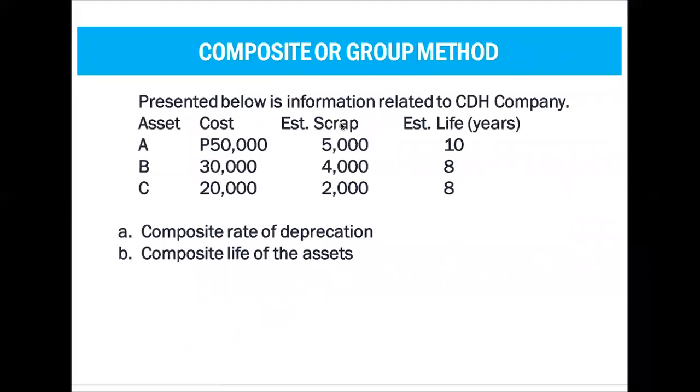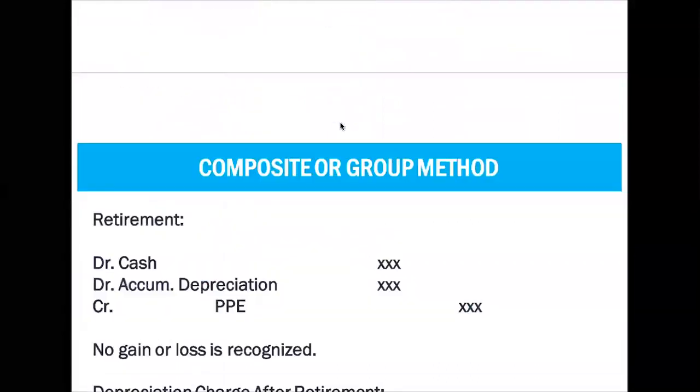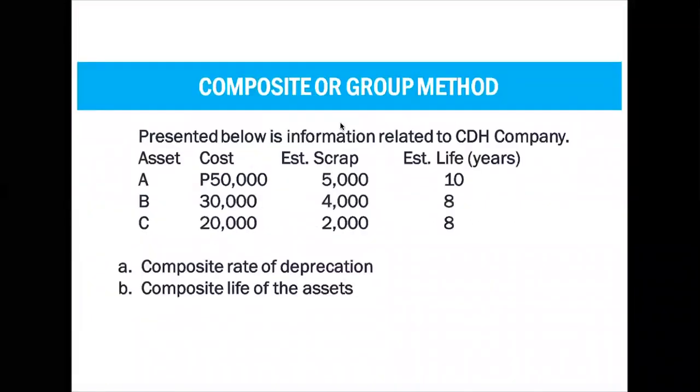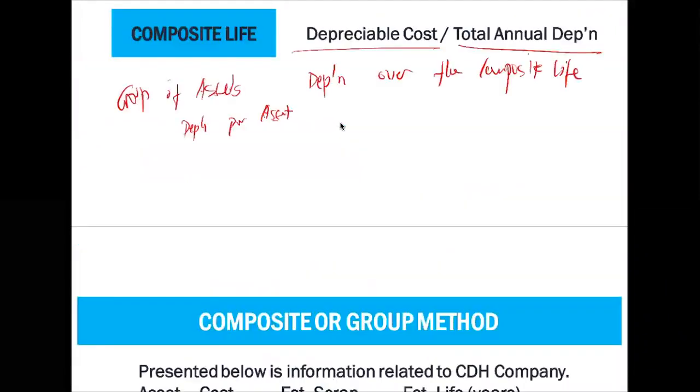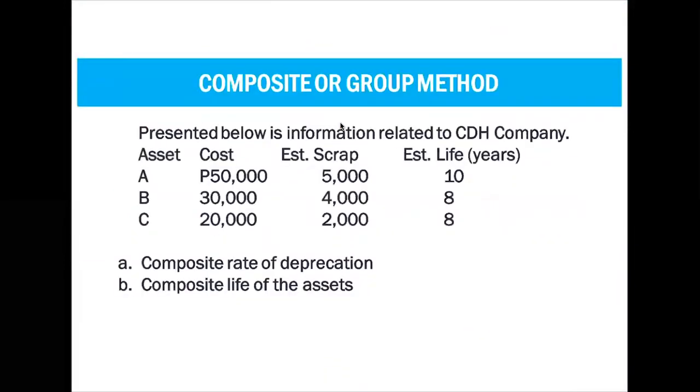Composite rate of depreciation and composite life. So first, we compute your composite rate of depreciation. Andito ba siya? Ay, wala. So to compute your composite rate of depreciation, we follow our formula. Composite rate is equal to your total annual depreciation divided by your total cost. Okay, so get first your annual depreciation. So 50 less 5, 30 less 4, 20 less 2, divided by 10, divided by 8, and divided by 8.